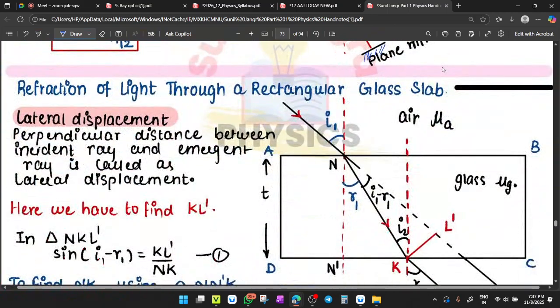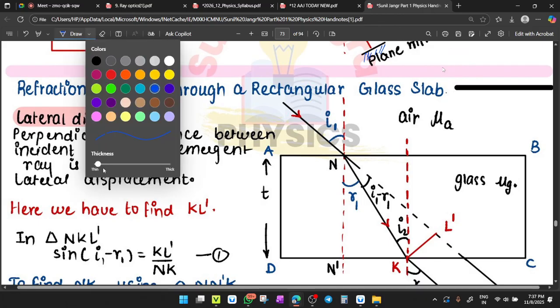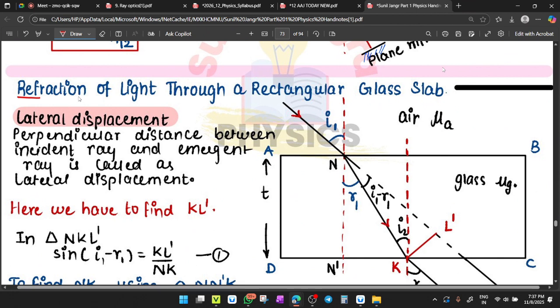Now, the next very important topic of today's class: refraction of light through a rectangular glass slab. So kindly make this diagram to understand the concept. Students, here we have a rectangular glass slab, and the incident light ray is coming with an angle i1 here.